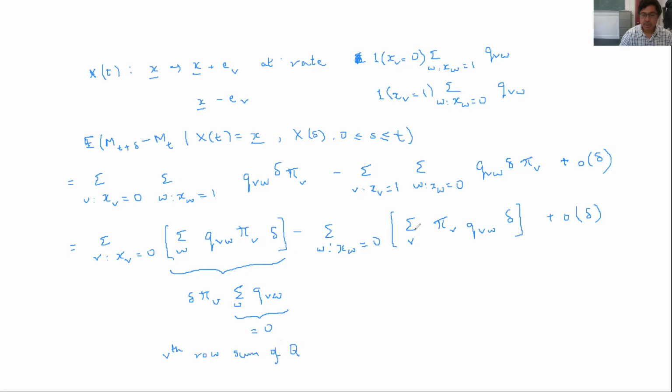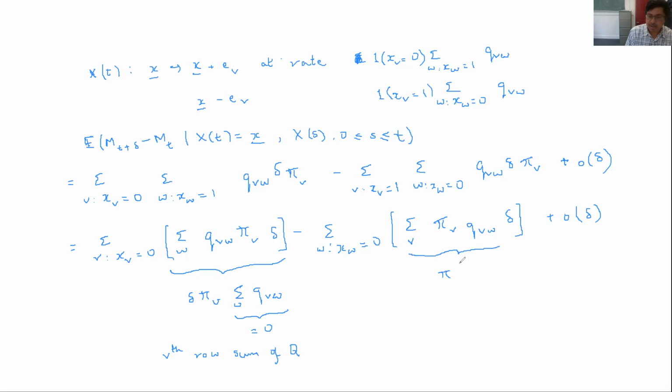Now let's look at the second sum here. So it's just delta. We can pull out delta again. So it's delta times the sum over v of pi v q v w. Okay, what's that? So this thing here is the vth element of the row vector.